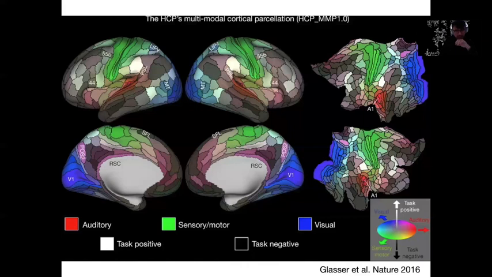So we looked at the pattern of disconnection of every patient and every fake lesion, and we coded it as a pattern of disconnection in this atlas, the Glasser Nature atlas of 2016, which gives you 360 brain areas, to which we added subcortical regions because it does not include them.